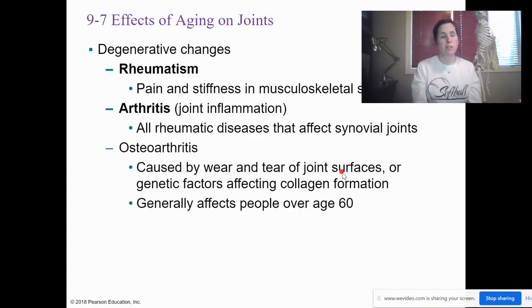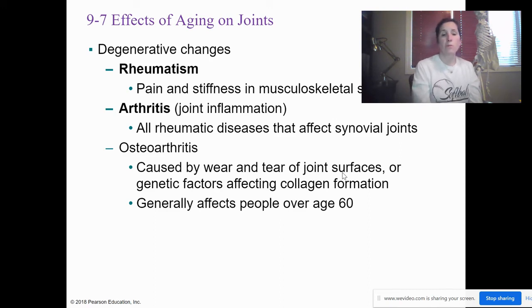All right, one thing you will be doing is a project in this class, and you will do an injury or a condition. So there are a couple I want to mention. Some people have different forms of arthritis, and one is rheumatism or rheumatoid arthritis, and this causes pain and stiffness in the musculoskeletal system. Young people and old people can have this. Arthritis, remember, itis at the end of the word means inflammation of, and so this is inflammation of the joint.